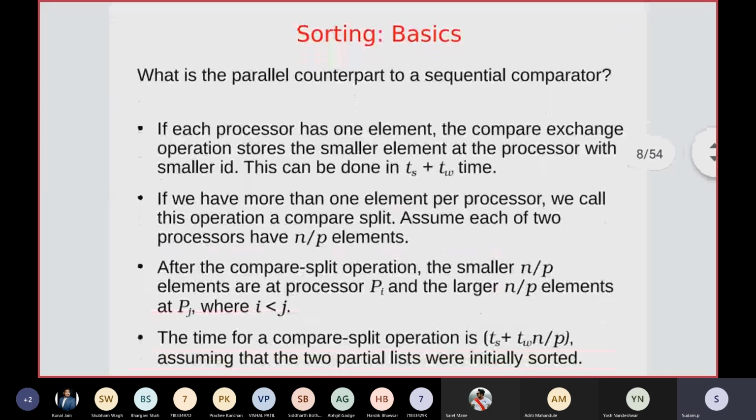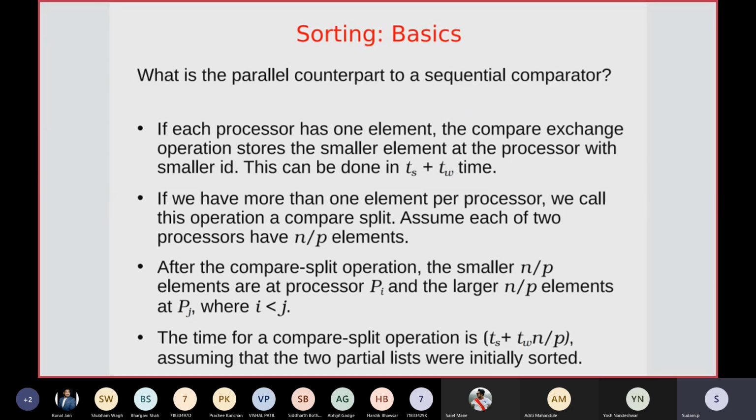That type of sorting is also called the compare split operation, where each processing element has more than one element. We will discuss this basic in the current slide.